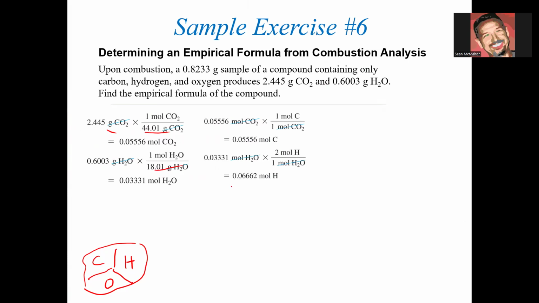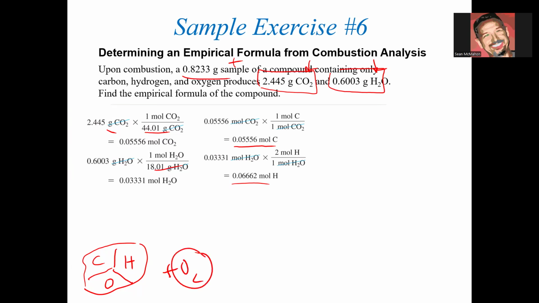So now I have moles of H, moles of C. What I cannot do is add these two numbers up and assume that I could figure out the oxygen from that. I can't do that, because in that combustion, some of the oxygen going to the CO2 and H2O wasn't coming from this sample. Some was also coming from the O2.